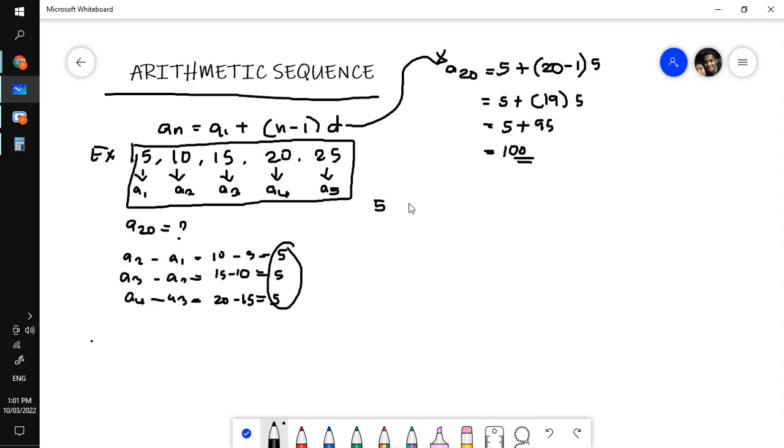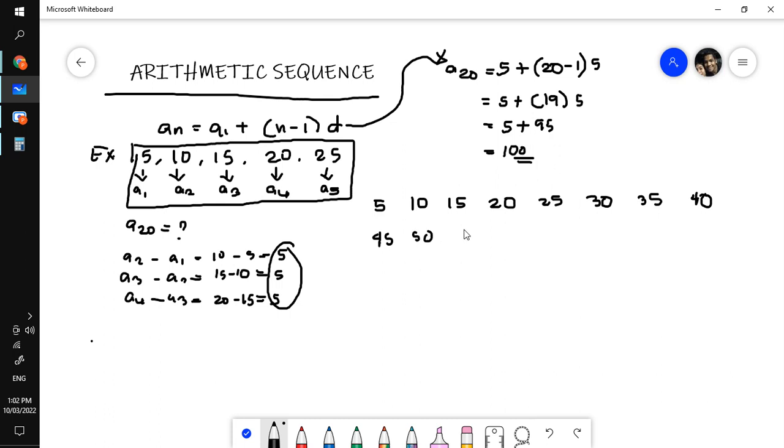So we have 5, 10, 15, 20, 25. Now, we will be adding 5 to every term so that we will come up to the 20th term. 25 plus 5, that is 30, plus 5, that's 35, plus 5, that is 40, plus 5, that's 45.